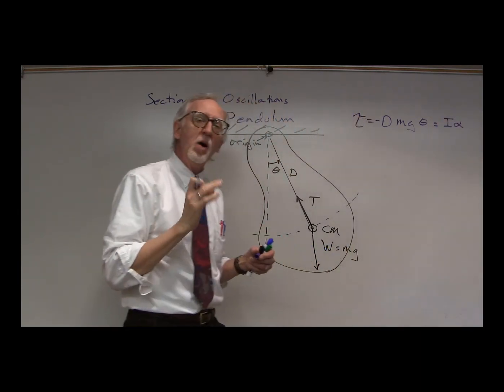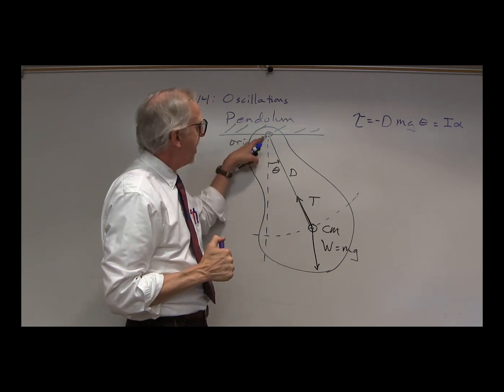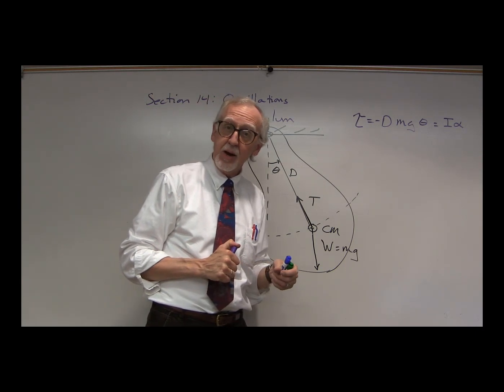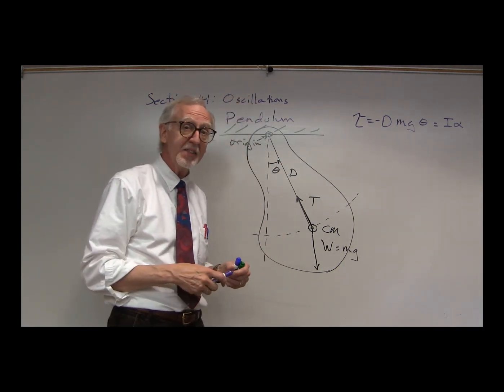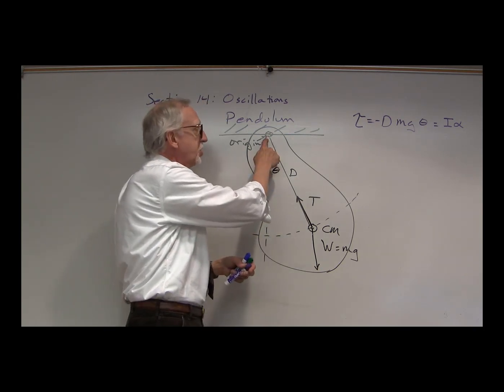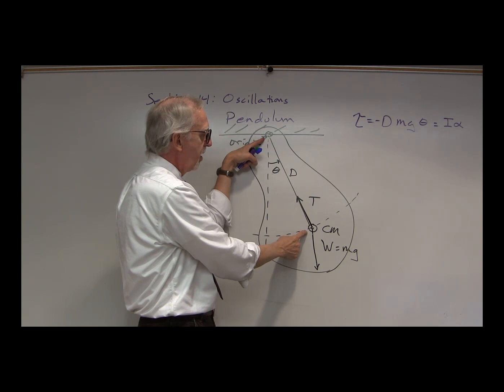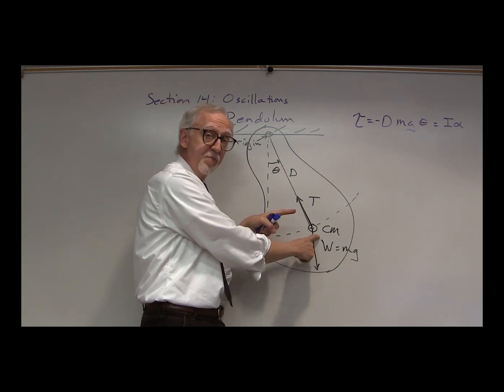But now, what is I? What is the moment of inertia of this thing about that point? Well, it's not just ml squared. We can use the parallel axis theorem. We know that the moment of inertia about this point will be md squared plus I center of mass.